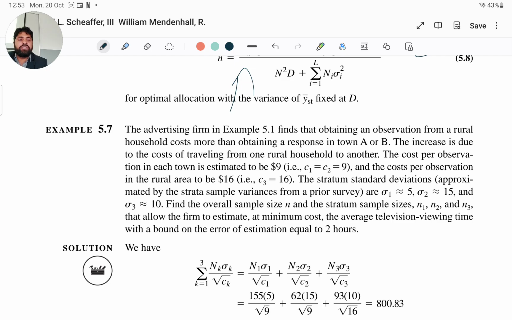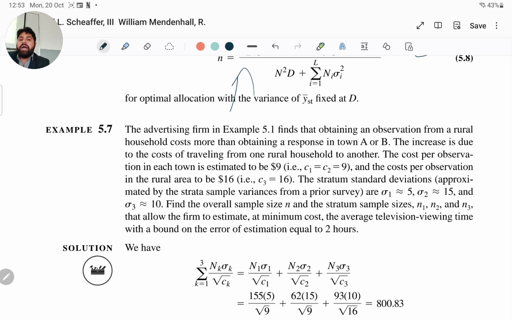The stratum standard deviation is approximately 5 for town A, 15 for town B, and 10 for the rural area. That is the standard deviation for each stratum: town A, town B, and rural area. Find the overall sample size N, and the stratum sample sizes N1, N2, N3.